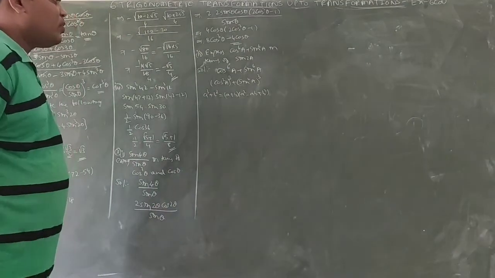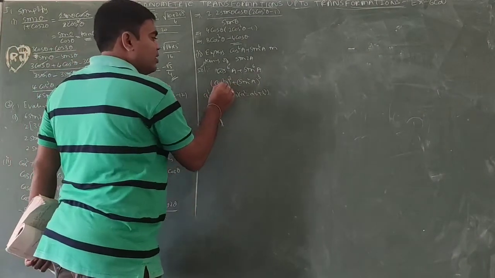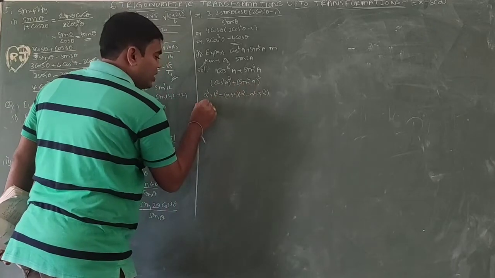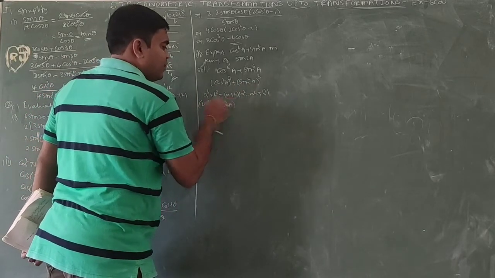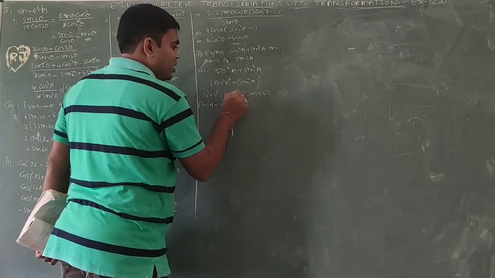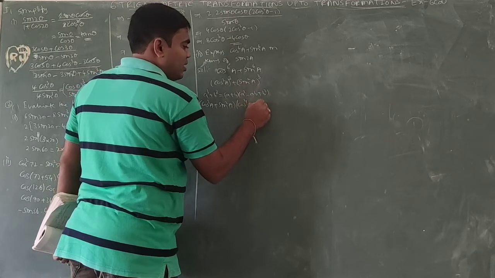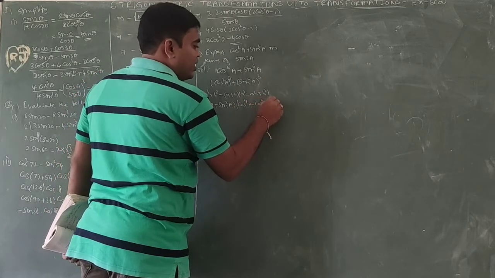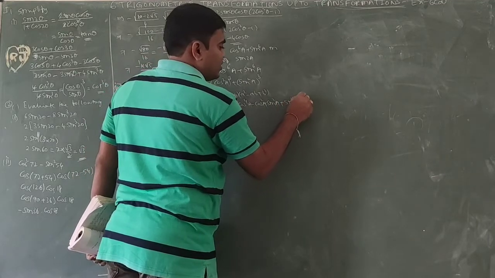Here this is a, this is b: cos square A plus sin square A, this is a plus b, times a square, cos power 4 A, minus cos square A sin square A plus sin power 4 A.